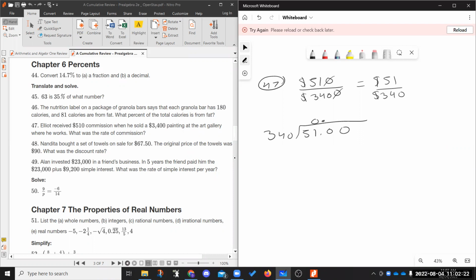This is only going to go in one time. And then that looks like that might go in 5 times. And his commission is going to be 15%.